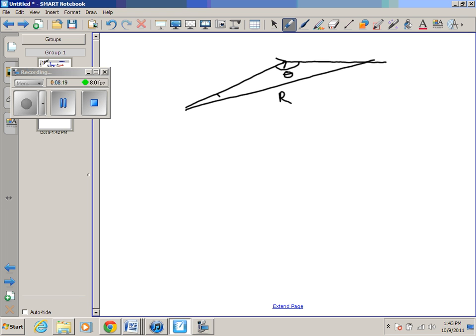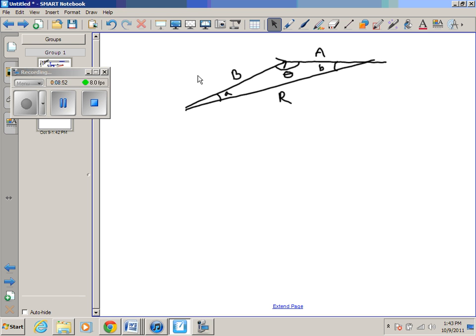We'll call this angle here little a, which is opposite from side big A. And this angle here is little b, and this is side big B. So you can see we've got three different angles: theta, which is opposite from r; little a, which is opposite from side big A; and angle little b, which is opposite from side big B. You probably used A, B, and C when you learned this in math. I'm using theta and r because for the purposes of vectors, we use theta and r for resultant.